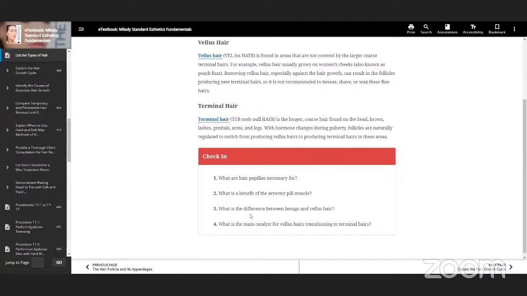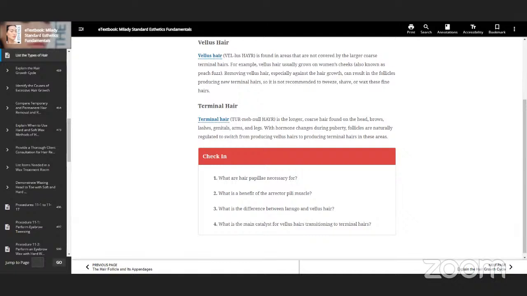I just want to do these two questions. What's the difference between lanugo and vellus hair? Lanugo hair is soft, fine hair. And vellus hair is more like a peach fuzz hair.